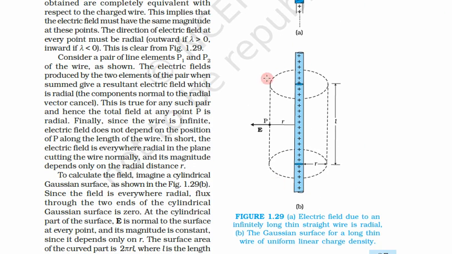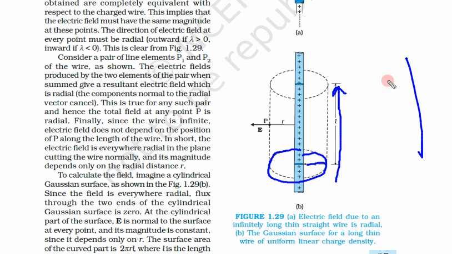Now this is a cylindrical surface. First a circle of radius r, and let us move it by length L. So this will be a cylinder of length L and radius r.